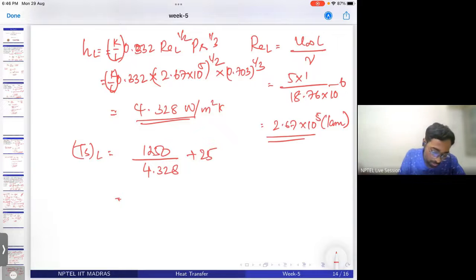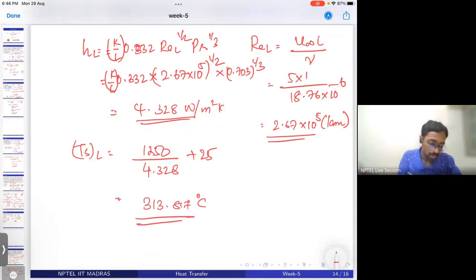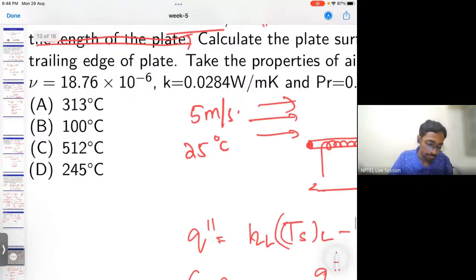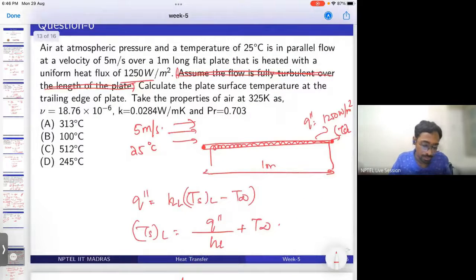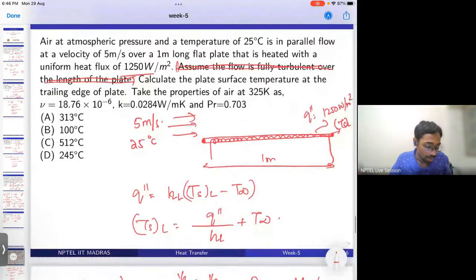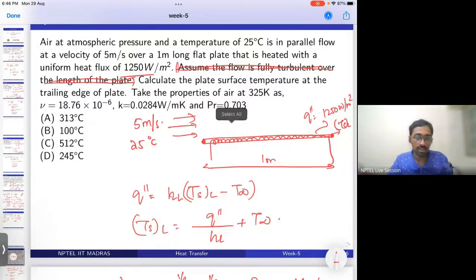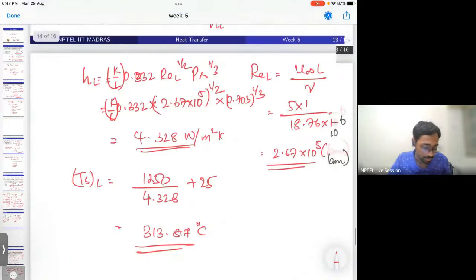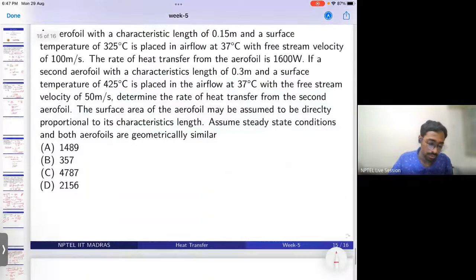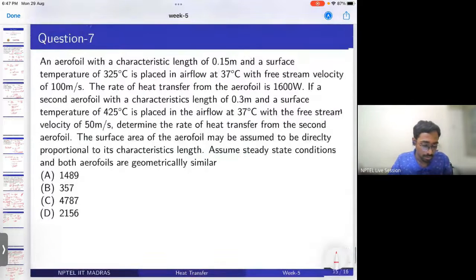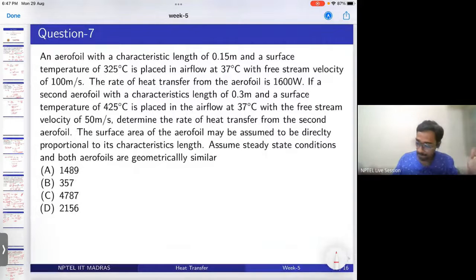So the temperature at the trailing edge, for these conditions, will be 313 degrees Celsius. Okay, so it was a simple question. So let's go to the next question.